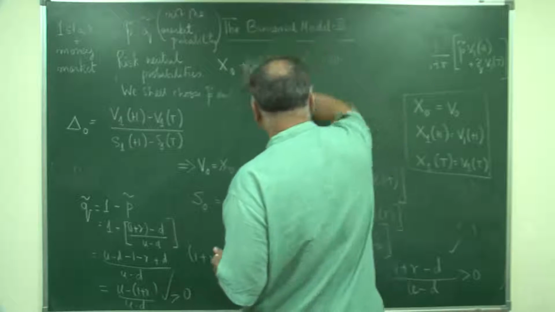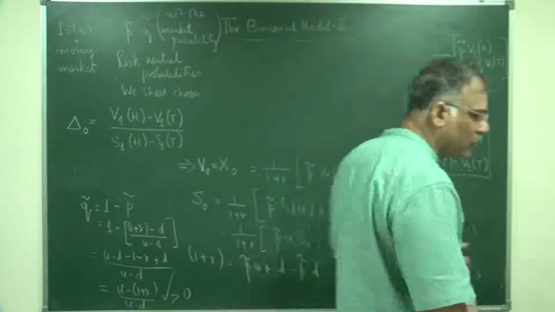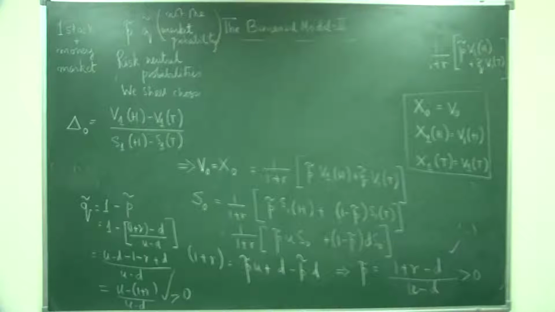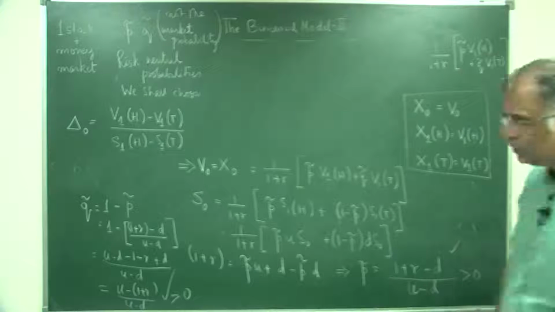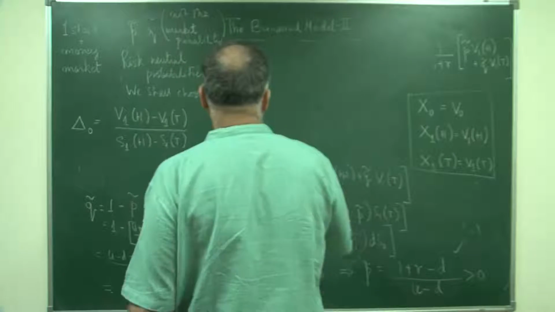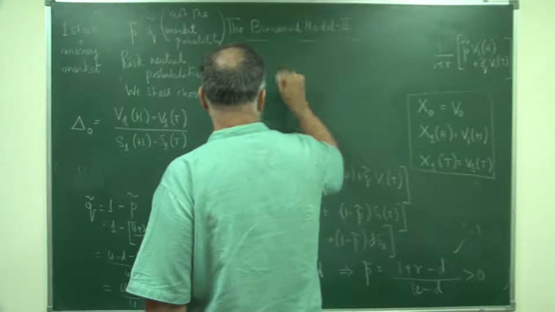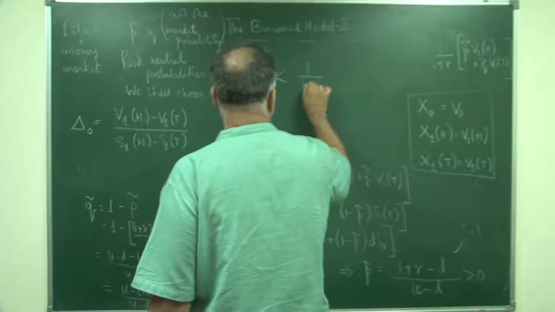So the rate of growth of the risky asset has to be faster than the rate of growth of the fixed deposit, naturally. So if p and q are real probabilities, then we expect that this should happen.